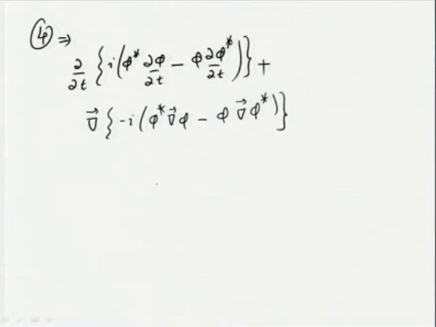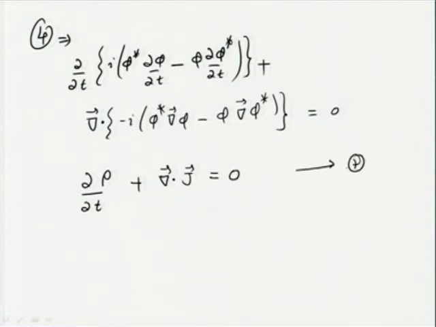So, equation 4 can be written as time derivative of some term plus divergence of something else is equal to 0. I will write this in a compact way as ∂/∂t of some rho plus divergence of some j equal to 0.